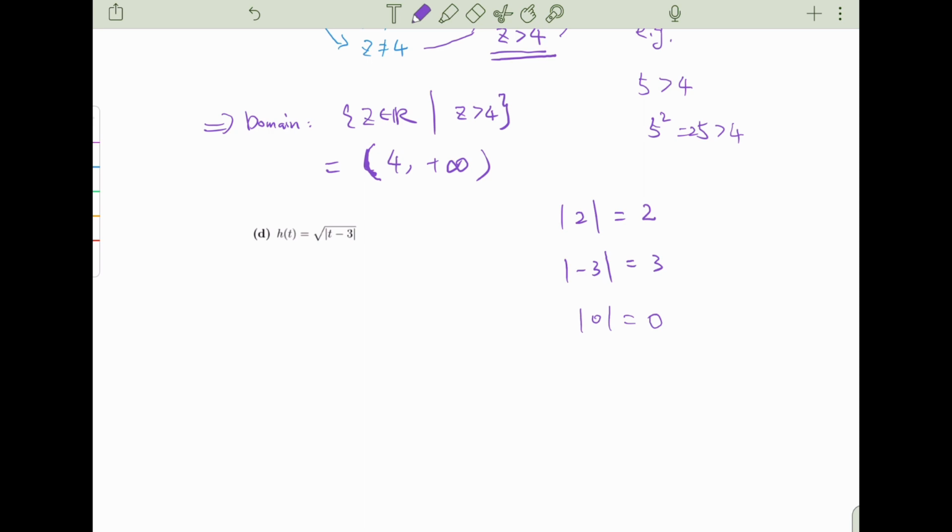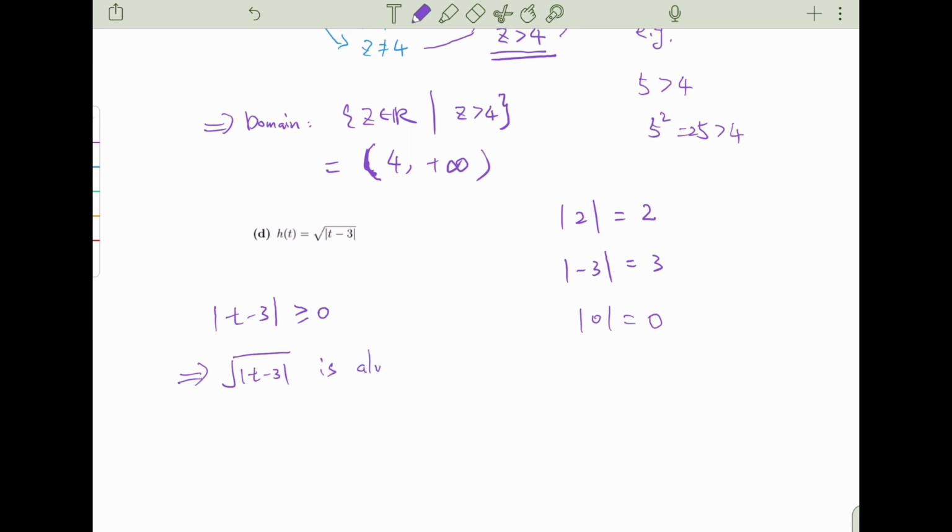It could be negative, could be positive, but the absolute value is doing the job to make this thing non-negative. It's always greater than or equal to 0 if you have absolute value. So we are safe to take the square root of this output, right? So this output is always valid, right? So we take the square root of this absolute value.